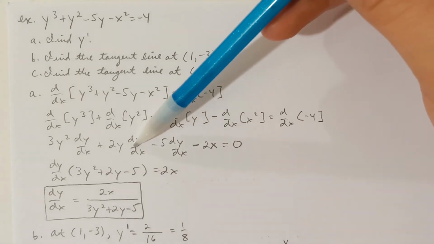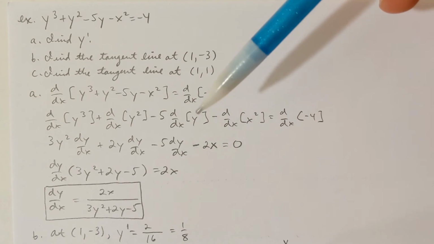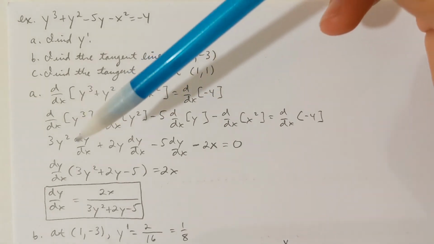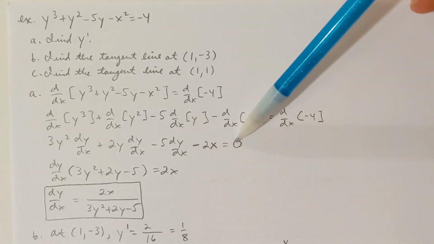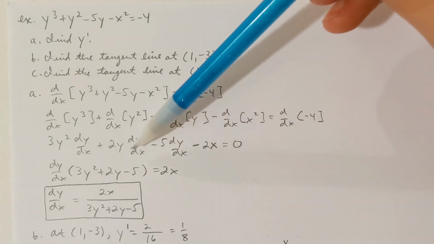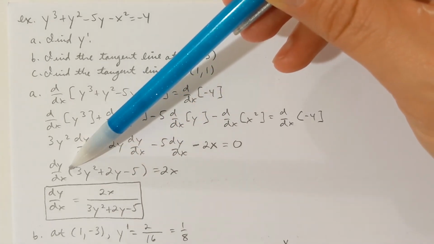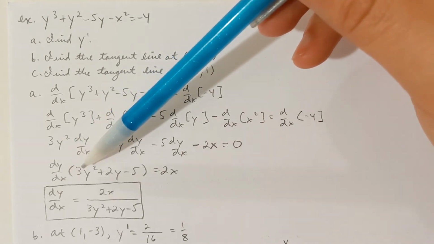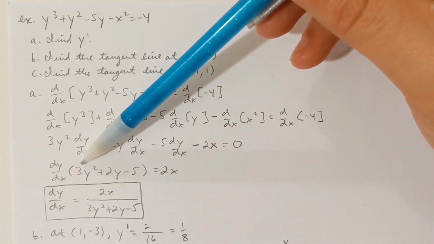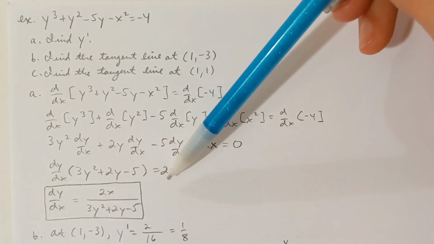Now I want to find dy dx, or y prime, that's the same thing, okay? And so I'm going to go ahead and add 2x to both sides. Also, dy dx is in common to these three terms, so let's go ahead and factor that out of these three. And then, since we want dy dx to be all alone, let's go ahead and divide both sides by 3y squared plus 2y minus 5.